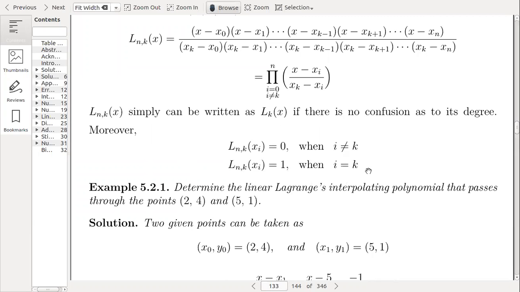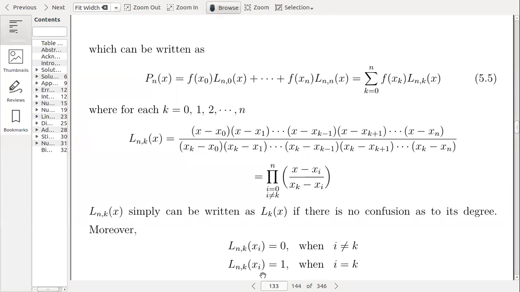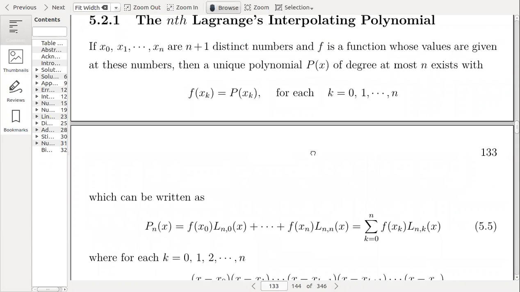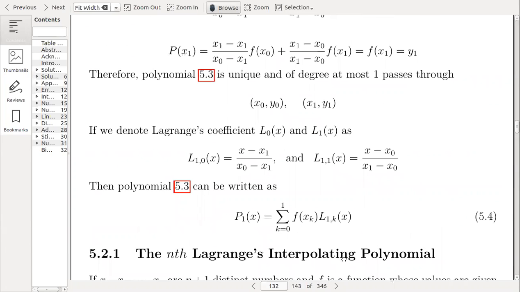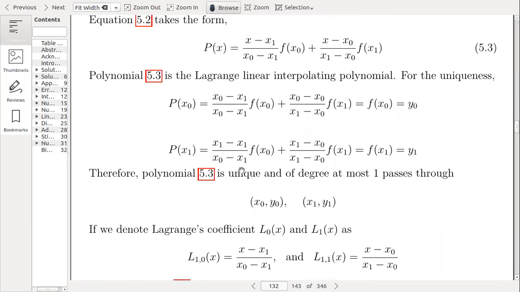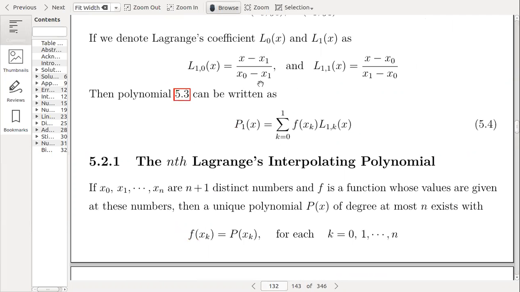So that is the advantage of these terms. This we have observed here. You see, x1 minus x1 is 0 and x naught minus x naught is also 0, but x naught minus x1 over x naught minus x1 is equal to 1.